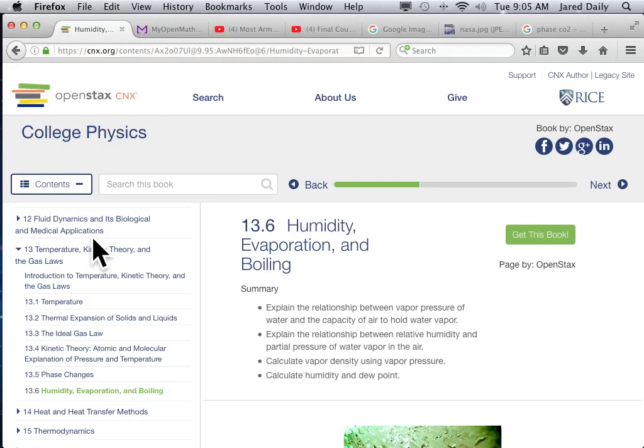And then the last thing we learned was about the kinetic theory of atomic molecular gases and how speed is related to temperature.